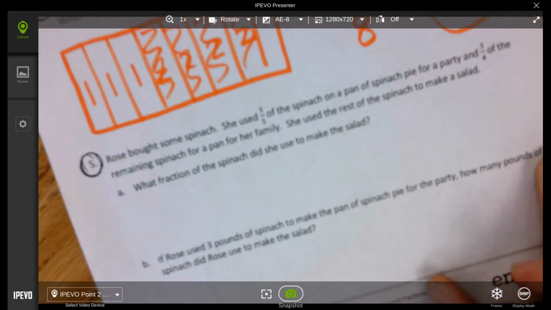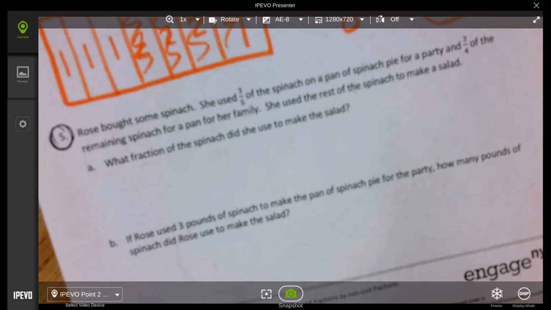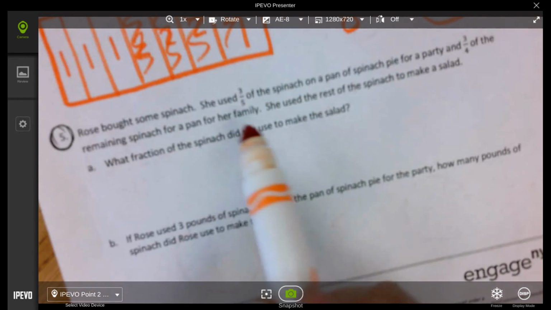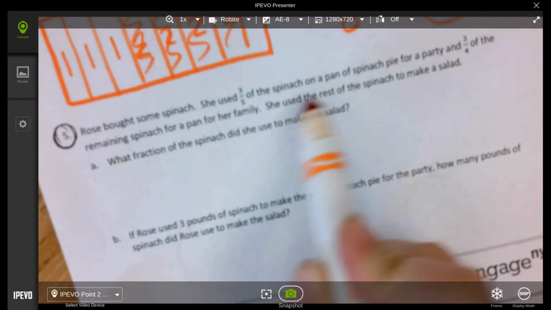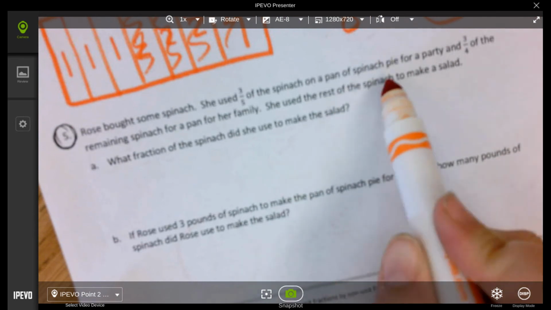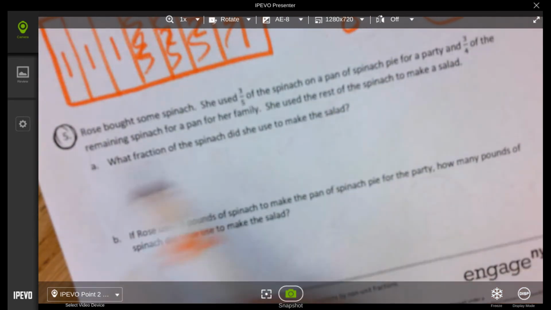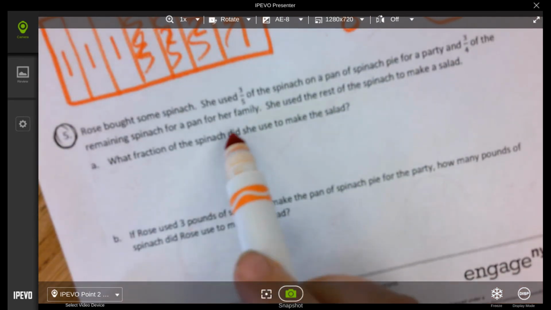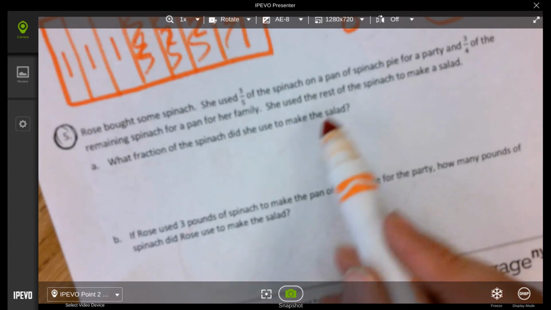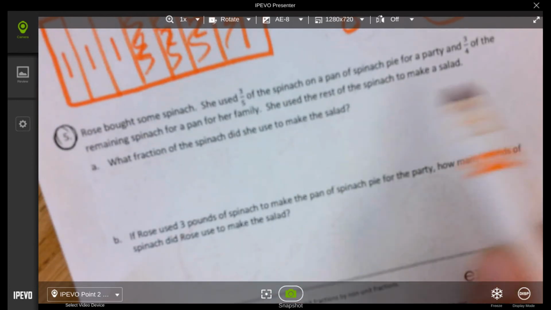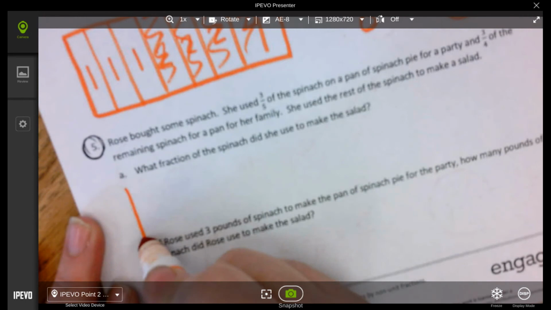All right, last problem. Well, double problem, but Rose bought some spinach. She used 3/5 of the spinach on a pan of spinach pie for a party and 3/4 of the remaining spinach for a pan for her family. She used the rest of the spinach to make a salad. So, again, I'm going to draw a picture.